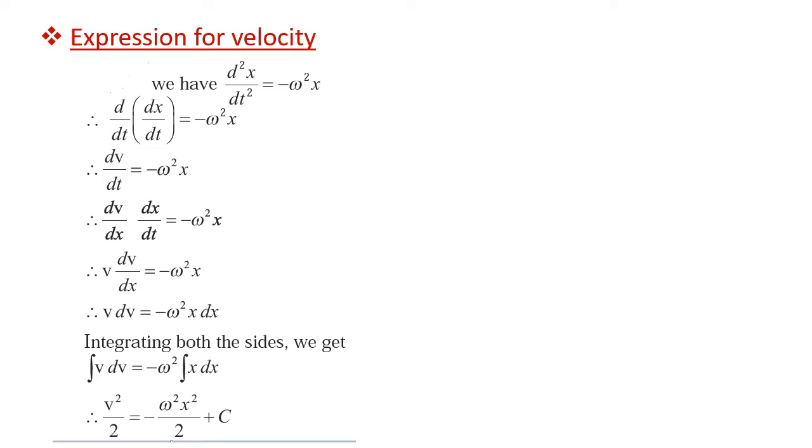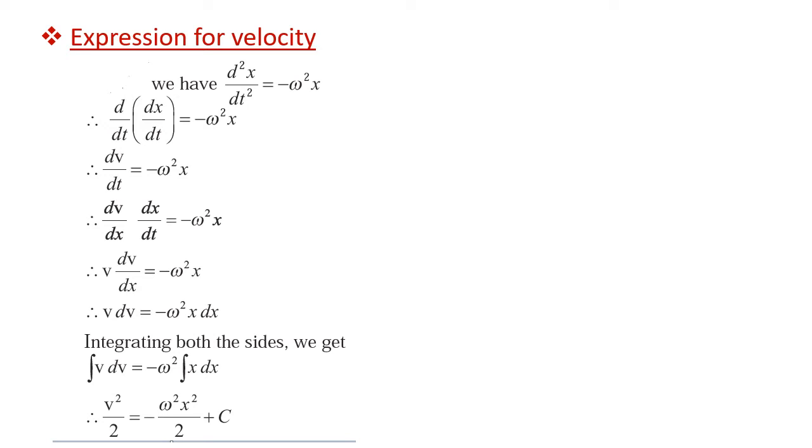Now let us try to derive an expression for velocity. Again we are going to take reference of the differential equation of SHM. As we know, d2x upon dt square is equal to minus omega square x. We can write this d2x upon dt square as d upon dt of dx upon dt, that is equal to minus omega square x.